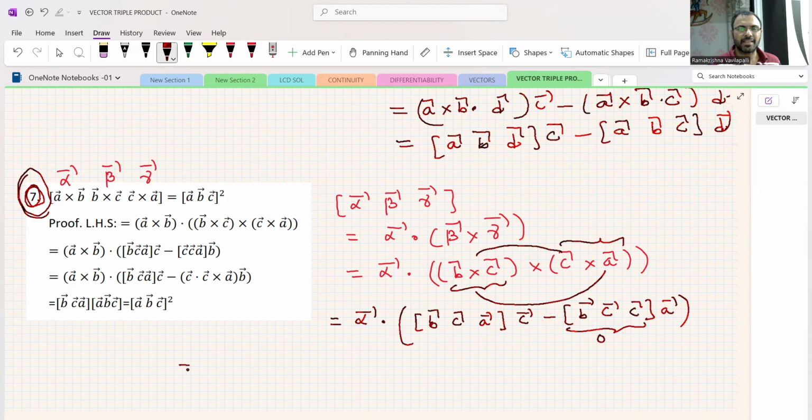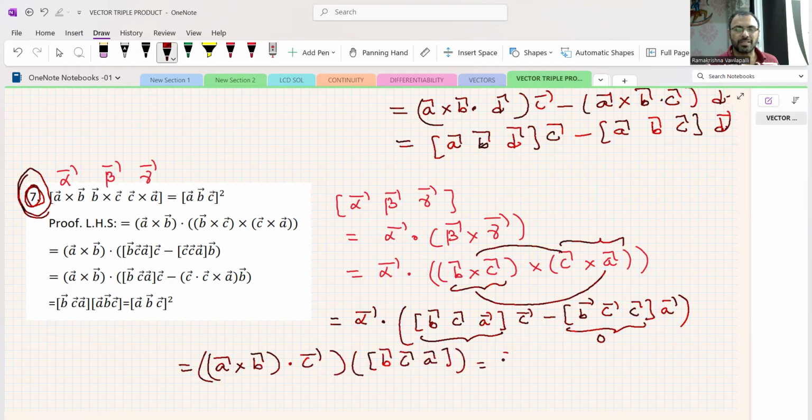So what is alpha bar? Alpha bar is nothing but A bar cross B bar dot C bar, and you bring out this box BCA outside, into box of BCA. Box of BCA is the same as box of ABC.